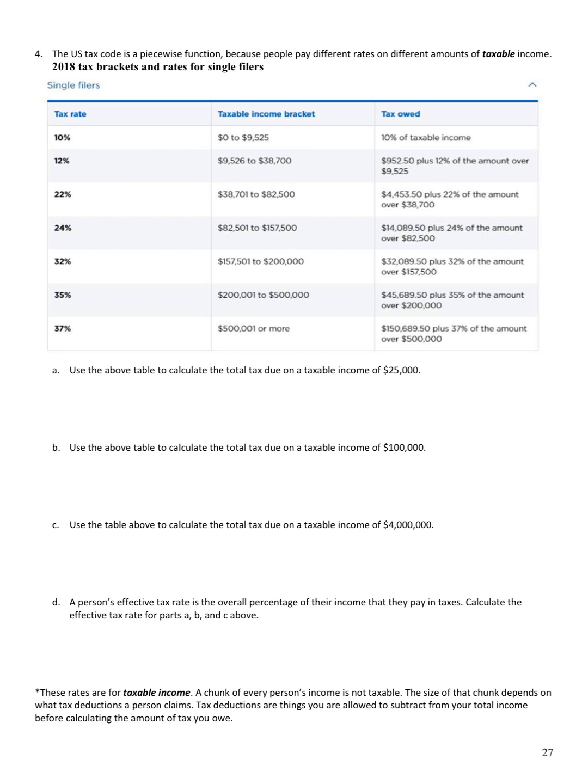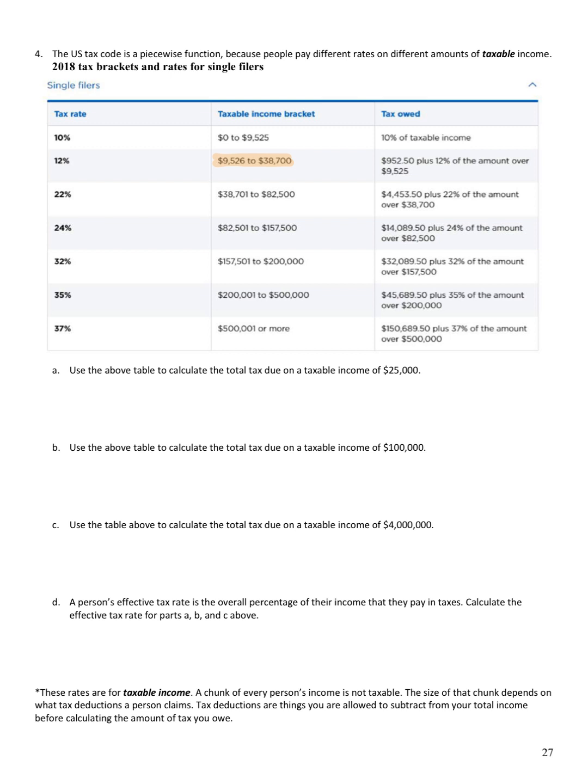So it really starts to become clearer if you do some examples. Let's say someone has a taxable income of $25,000. What tax bracket are they in? Well, they're right here. $25,000 is somewhere between $9,526 and $38,700.